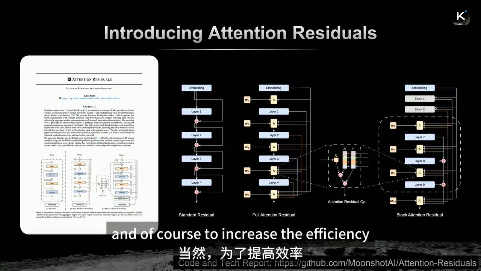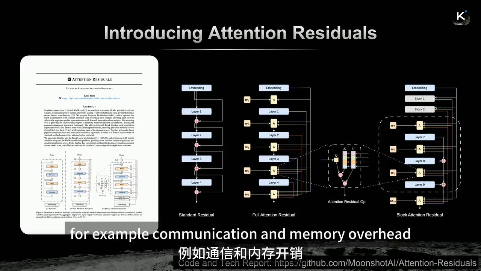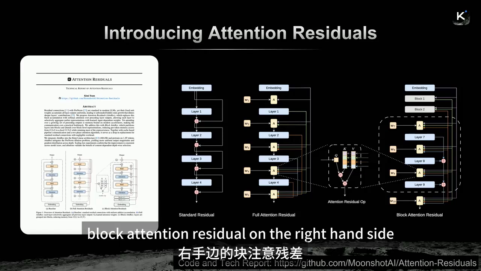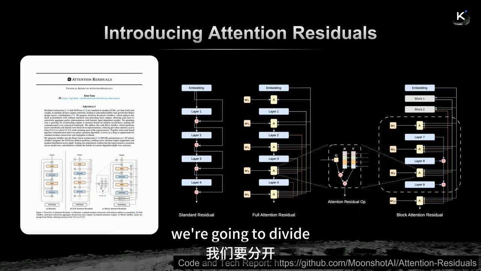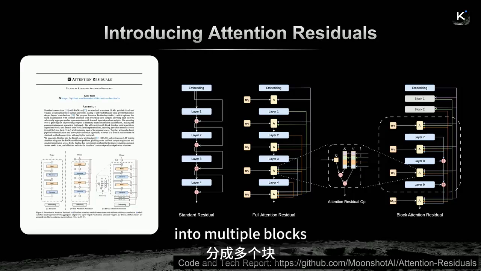And of course, to increase efficiency and reduce infrastructure overhead, for example communication and memory overhead, we also designed a new variant called block attention residual on the right-hand side. The idea is also simple. We divide all the layers in the neural network into multiple blocks.